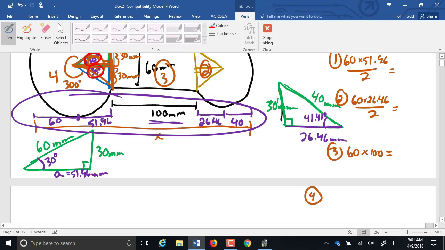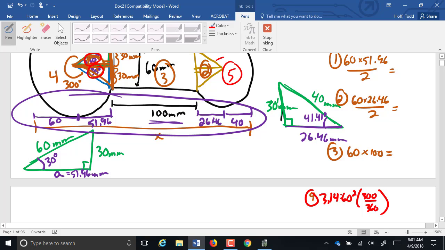Yeah, 360 minus 30 and 30. So that is going to be 3.14 times 60 squared times 300 over 360. Is that big enough you guys can see it? I don't know why I decided to write so small all of a sudden.